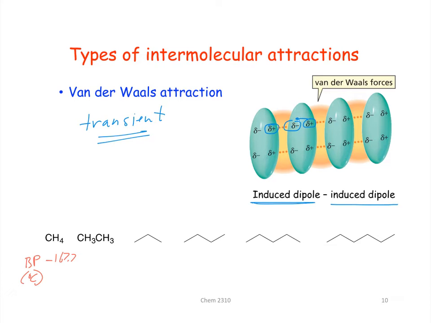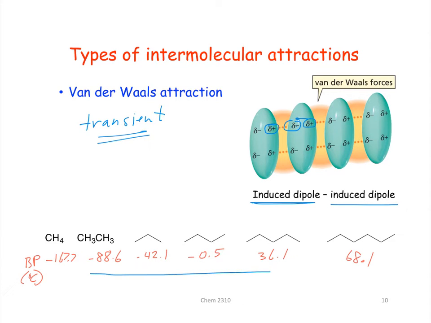Ethane, minus 88.6. Propane, minus 42.1. Butane, minus 0.5. Pentane, 36.1. And hexane, 68.1. Right? So we can see that if we have increasing mass, we have increasing boiling point.